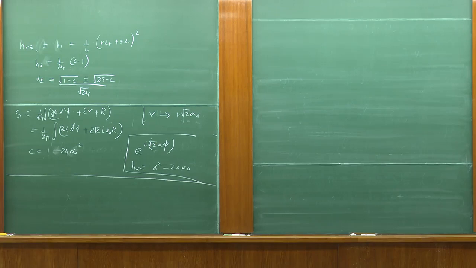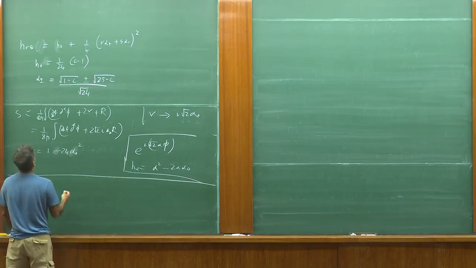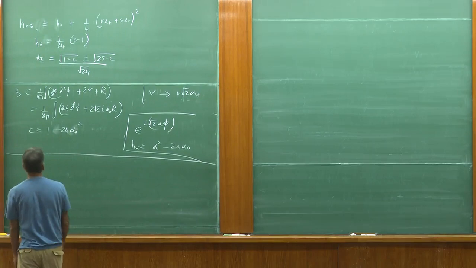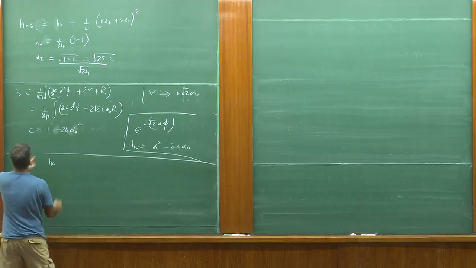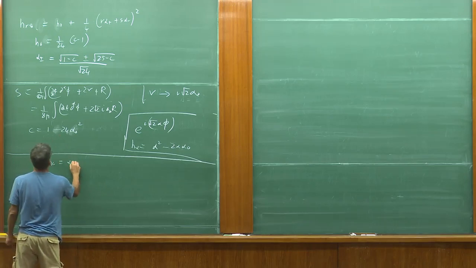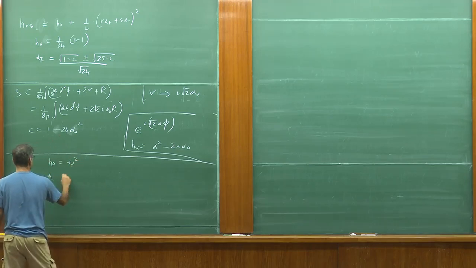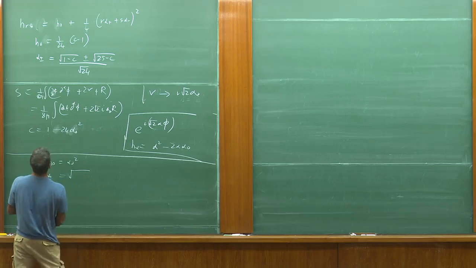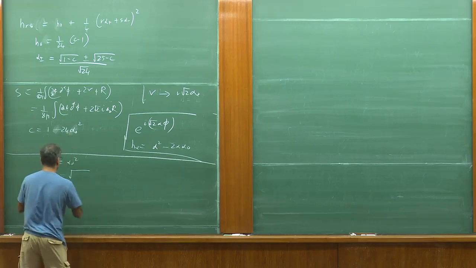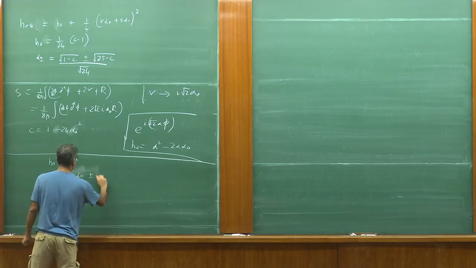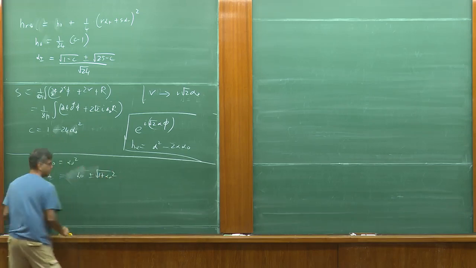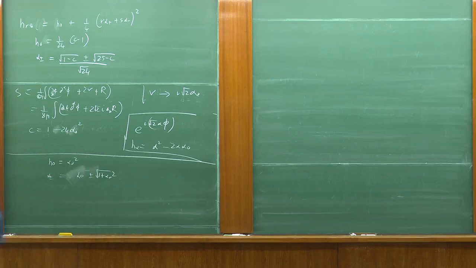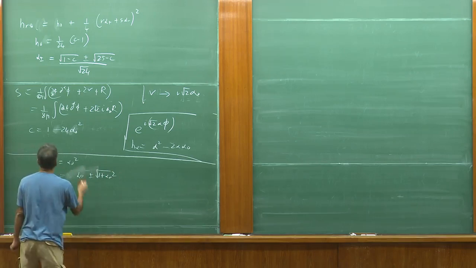When we did that, the formula for h_{RS} did not change, but the formula for h_0, just by substituting, became minus alpha naught squared. And alpha_± became alpha_0 ± sqrt(1 + alpha_0 squared).